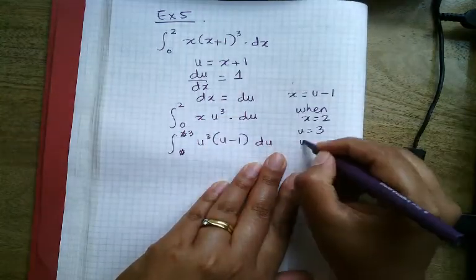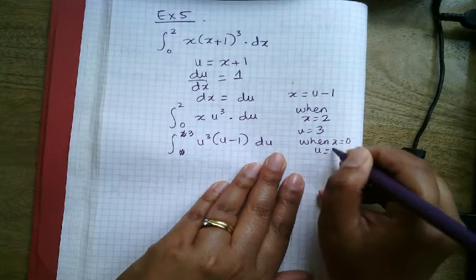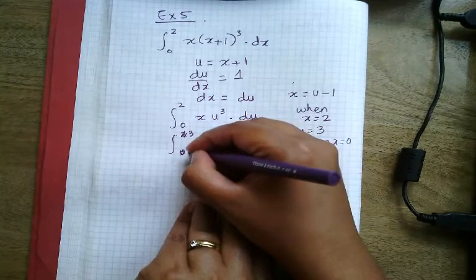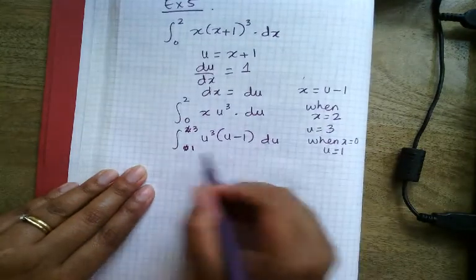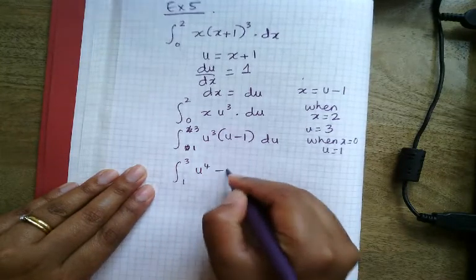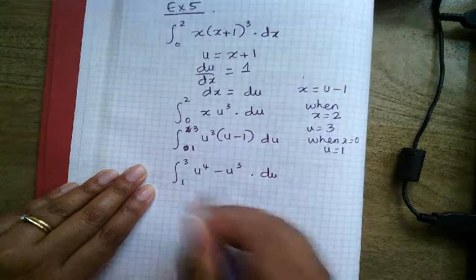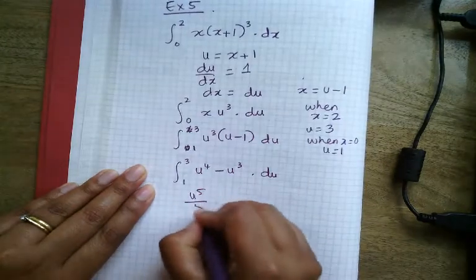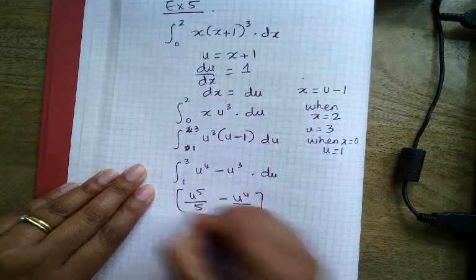And when x is 0, u should be 1, and that should go there. And now I'm going to expand it, integrate it. So u^4 minus u cubed du, and then u^5 over 5 minus u^4 over 4, and now plug in your limits for u.